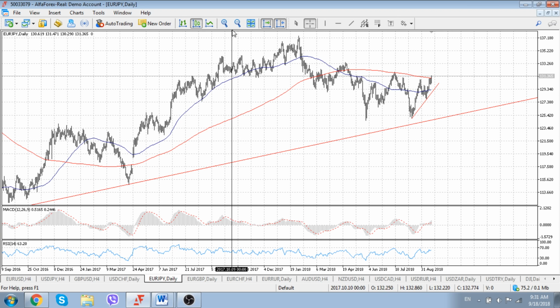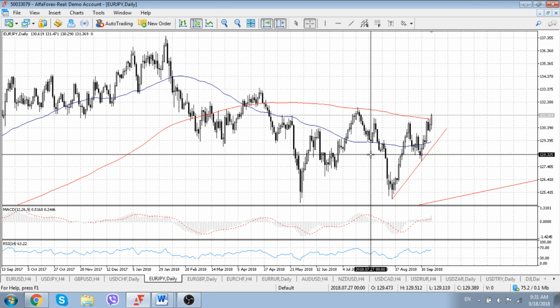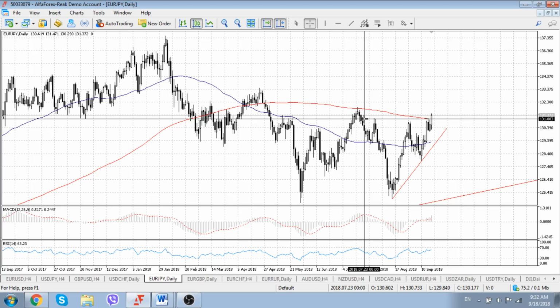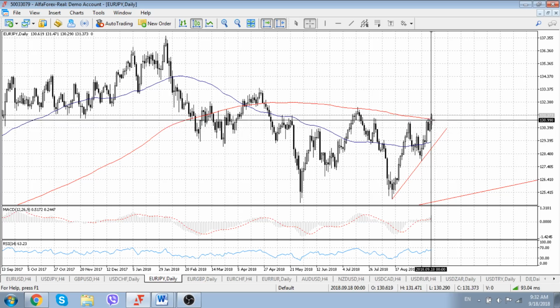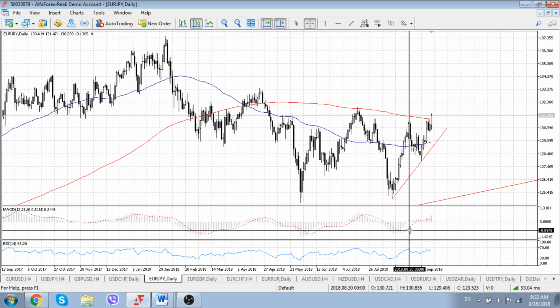And right now, by the way, the euro yen is in the phase of breaking above its moving average 200 daily line that's located around 131.07, and subsequent successful closing above that line should put the euro yen in a more comfortable position to succeed further to the upside.